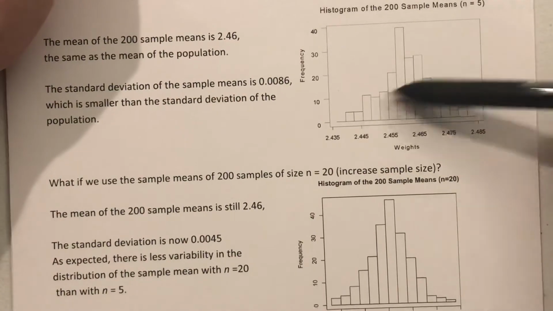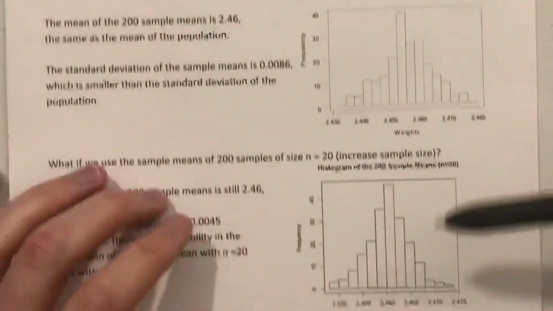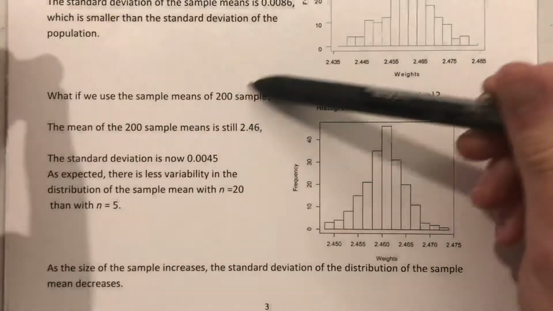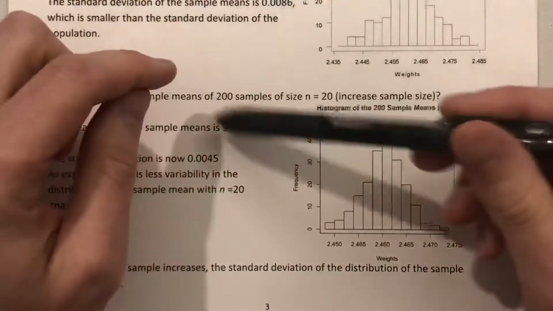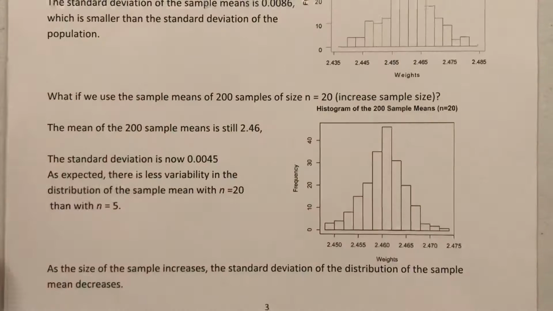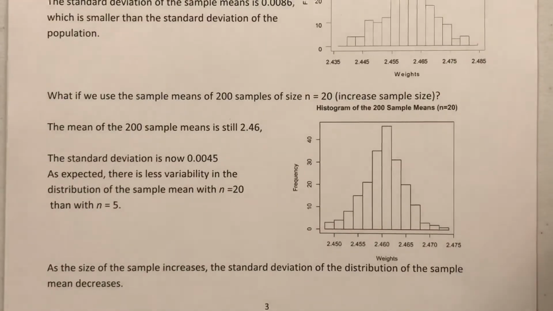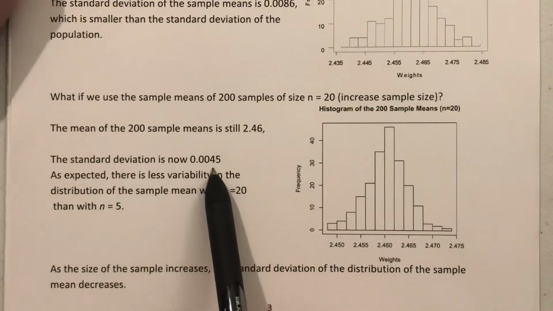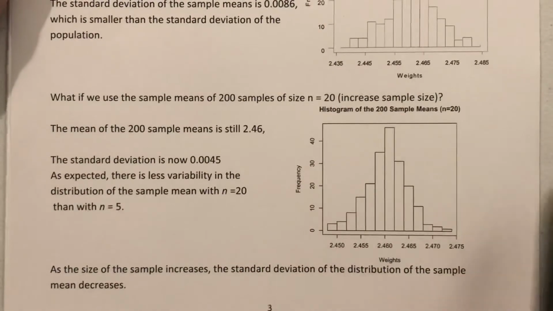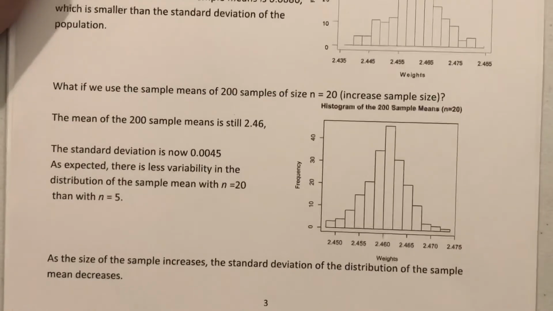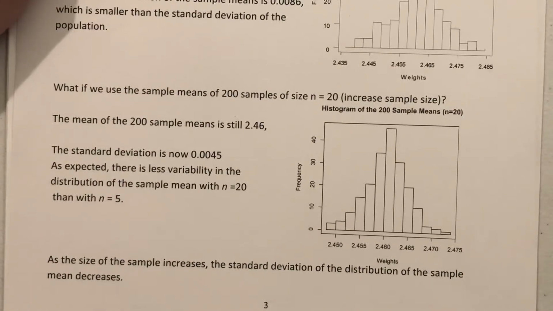There's still some variation because 200 isn't a huge set of samples, but it's definitely a more uniform bell-shaped distribution going out from the middle. And we see the standard deviation drops even more. So increasing the sample size is also a way to decrease the standard deviation of your distribution of sample means.